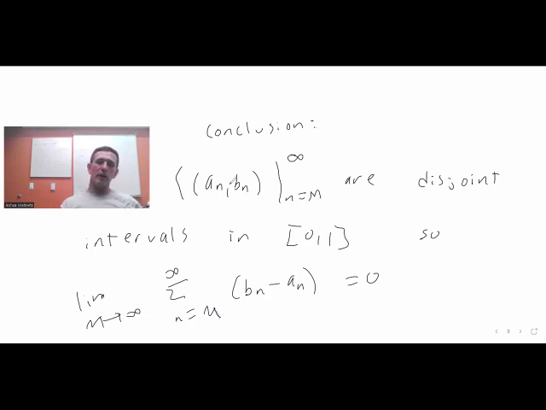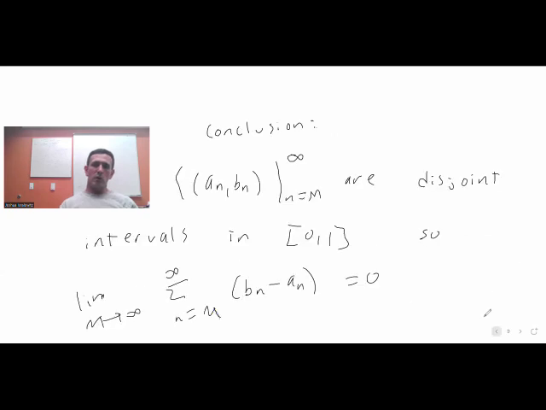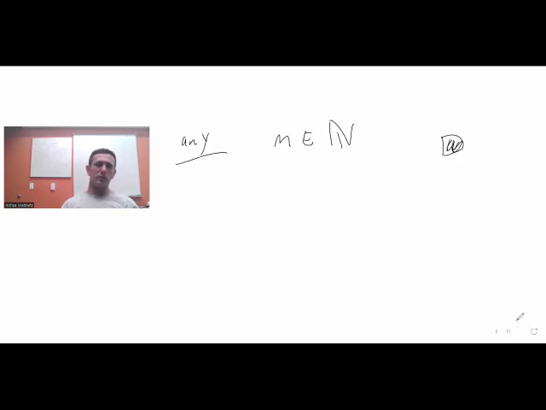But when I plug the endpoints into the function and look at the difference, and I sum up the differences, it's going to behave like the harmonic series, which for any m, the tail diverges because the whole sum goes to infinity. So this can be made as small as we want, but this, no matter what, goes to infinity. So it's a really, really dramatic failure of absolute continuity.